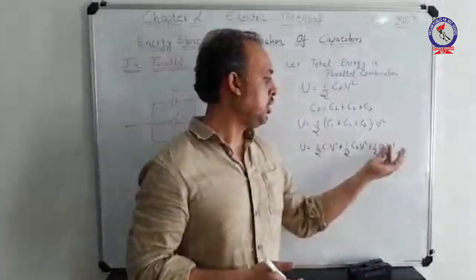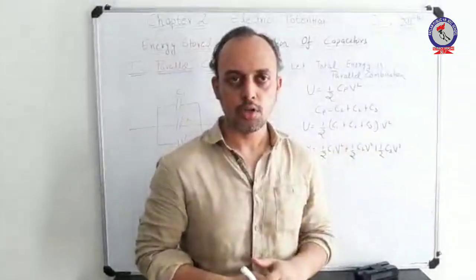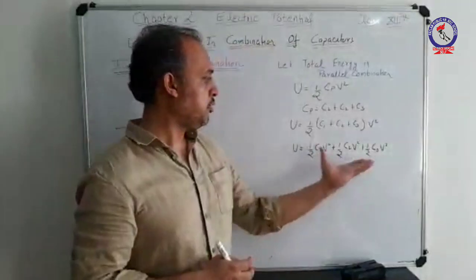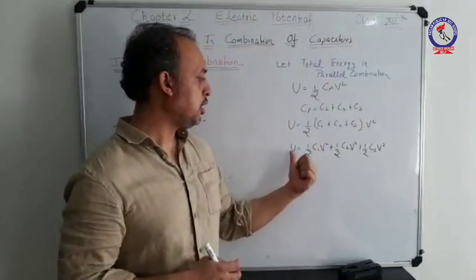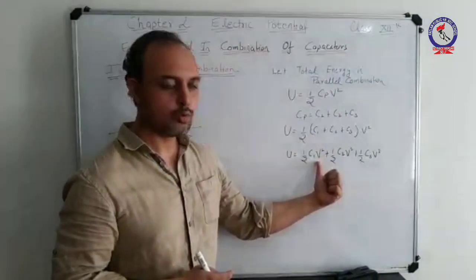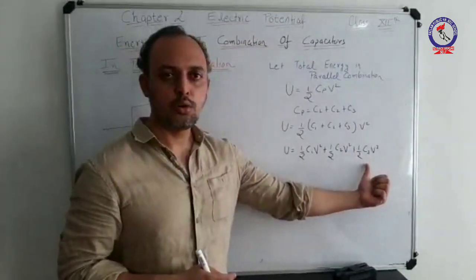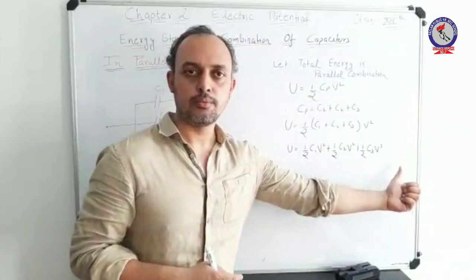So here V represents the constant potential in this particular concept. After simplifying, you are getting U equals 1 upon 2 C1 V square plus 1 upon 2 C2 V square plus 1 upon 2 C3 into V square.